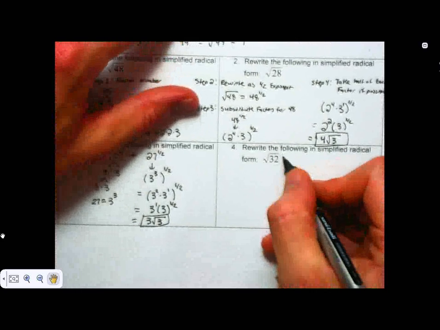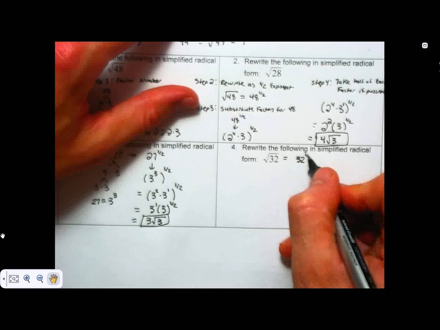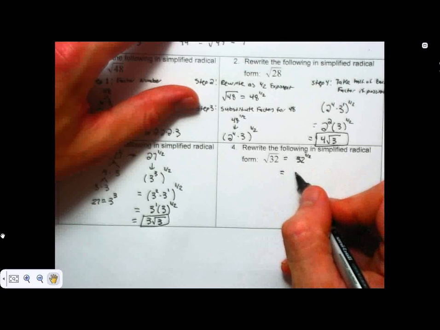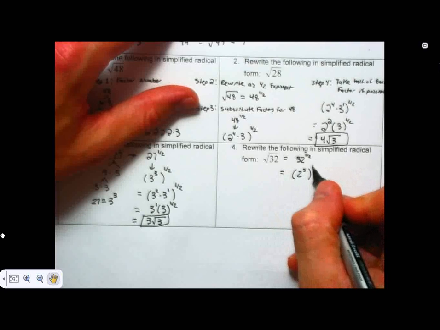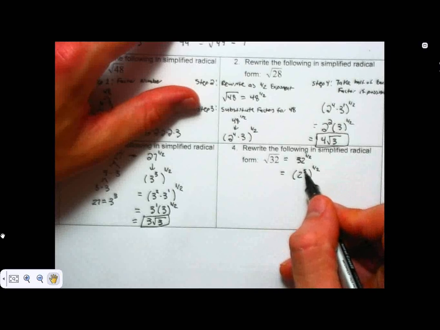Okay, I want you to try number 4. Pause the video, and then restart when ready. So the first step for number 4, again, you should have broken down 32. If you did, you should have found that 32 is the same as 2 to the 5th power. Okay, but again, we're stuck because I can't take half of 5.